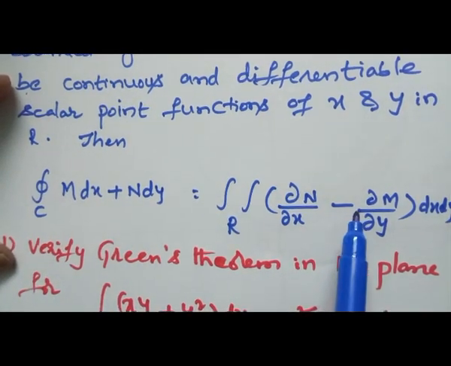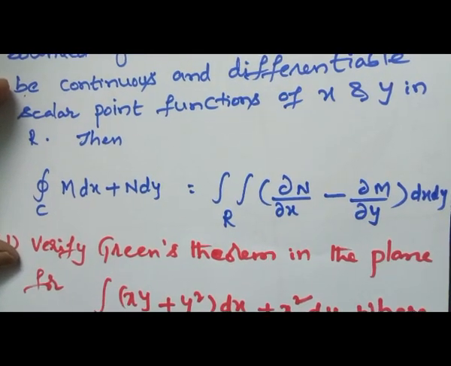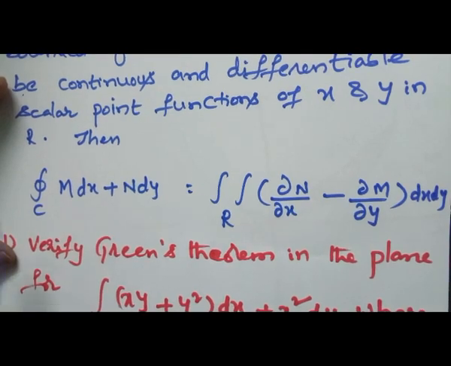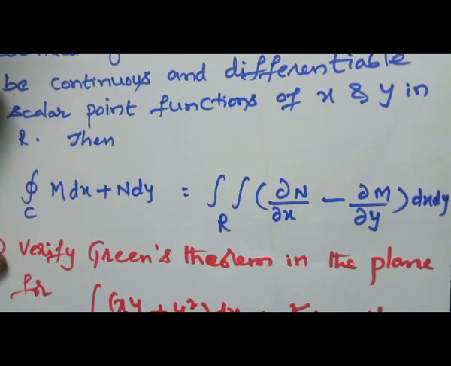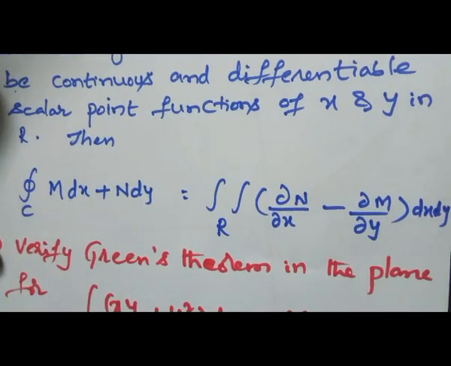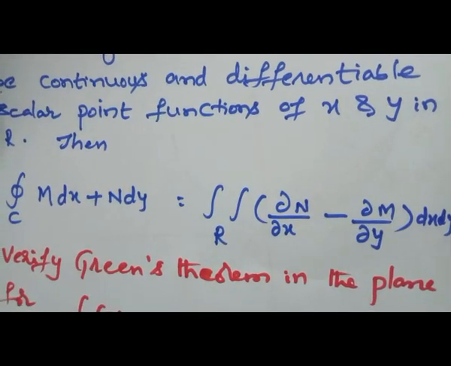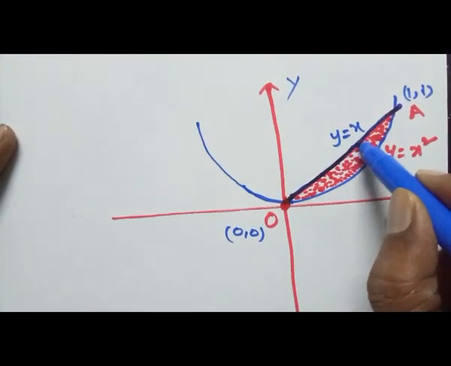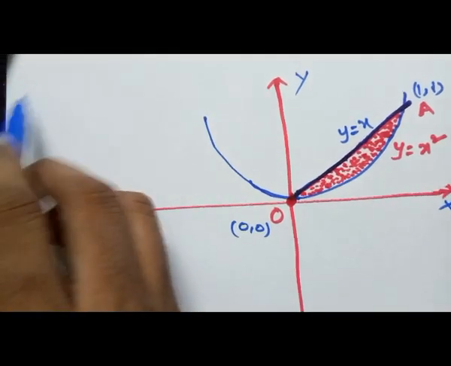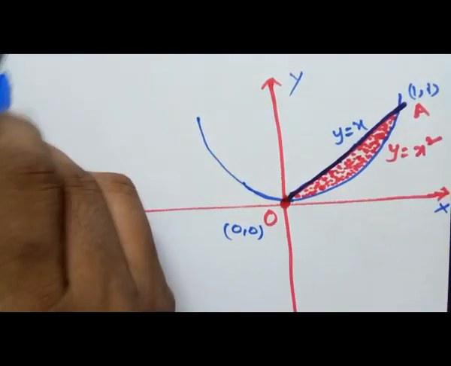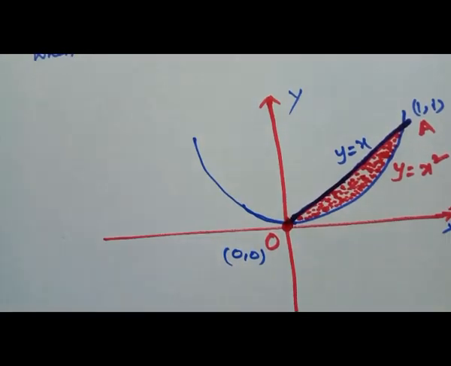If the left hand side and right hand side are the same in value, then Green's theorem is verified. So we have to verify the line integration. What is the value of the line integration and what is the value of the double integration? First we have to find the value of the line integration and then the value of the double integration. Now integral over C. Now verification of Green's theorem.